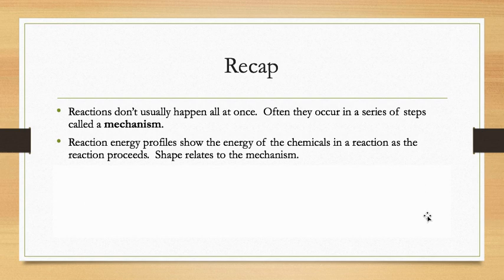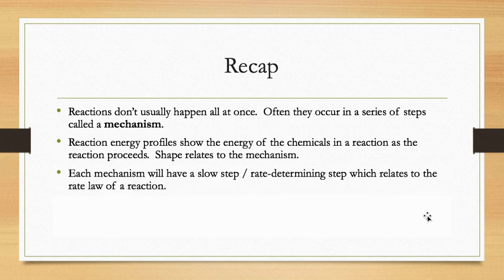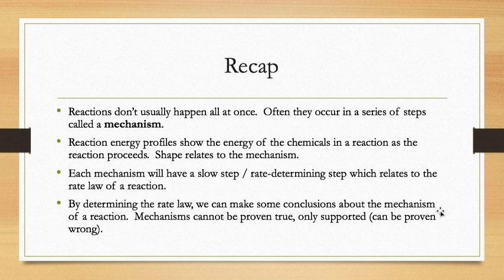And the shape relates to the mechanism in a few different ways, as we talked about. Each mechanism will have one slow rate-determining step, and that is what relates directly to the rate law of a reaction. And by determining the rate law, we can make some conclusions about the mechanism of a reaction. Mechanisms will never be proven true, only supported, but they can be proven wrong.